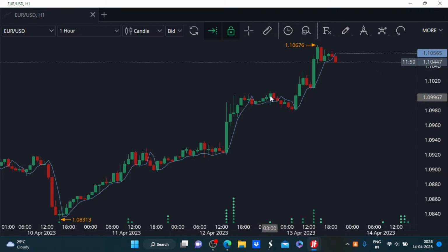So this might be the time to close the position. You can go for profit booking, or you can even try to initiate a short sale trade while keeping a good enough buffer on the higher side.